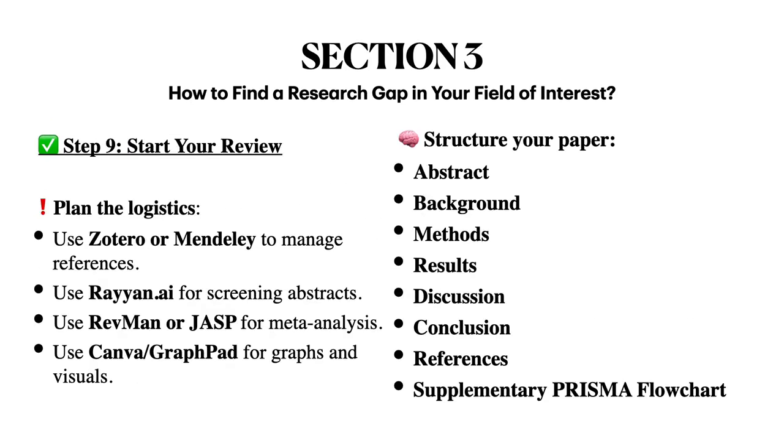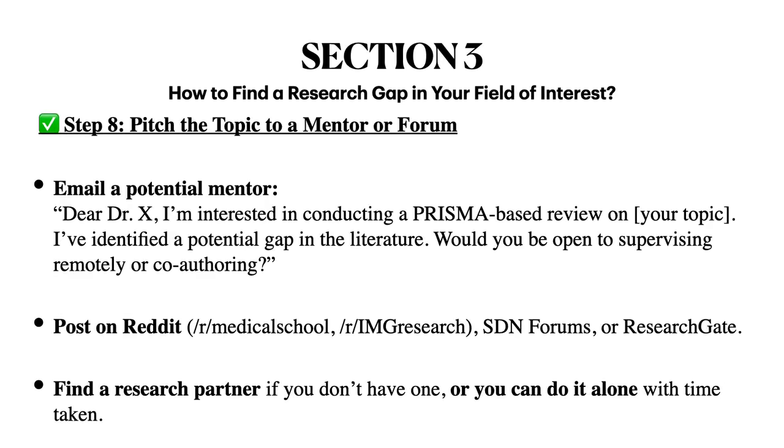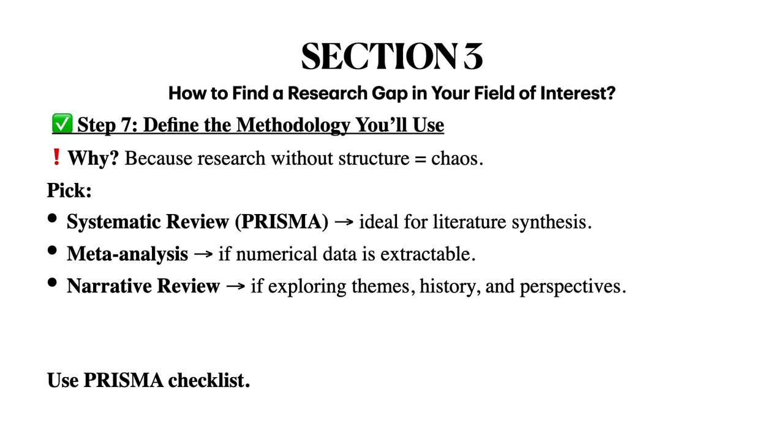If you choose systematic review, that is ideal for literature synthesis. If you choose meta-analysis, it is if numerical data is extractable, and you can choose narrative review if exploring themes, history, and perspectives. Use the PRISMA checklist. I have already mentioned that. You have to do that.